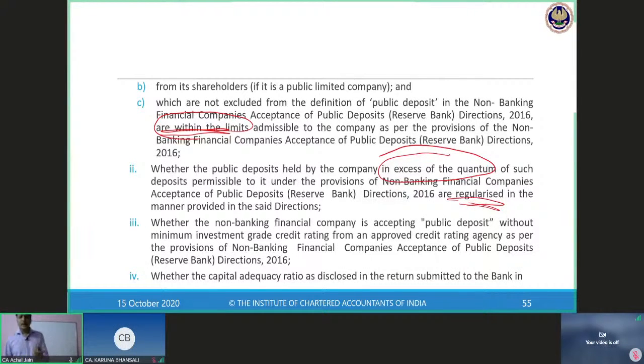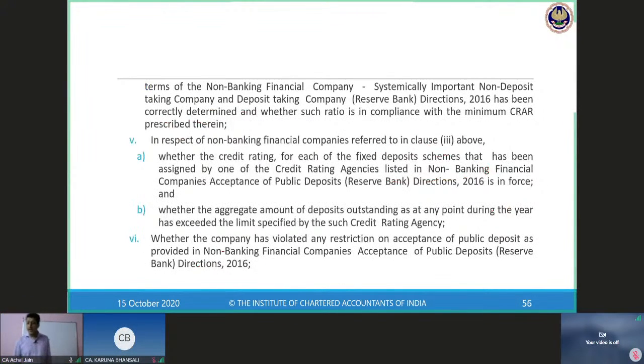Fourth, whether the capital adequacy ratio as disclosed in the return submitted to the bank, means to the RBI, has been correctly determined, means it's about audit of capital adequacy ratio, and whether such ratio is in compliance with the minimum ratio which has been prescribed to be maintained by the NBFC.